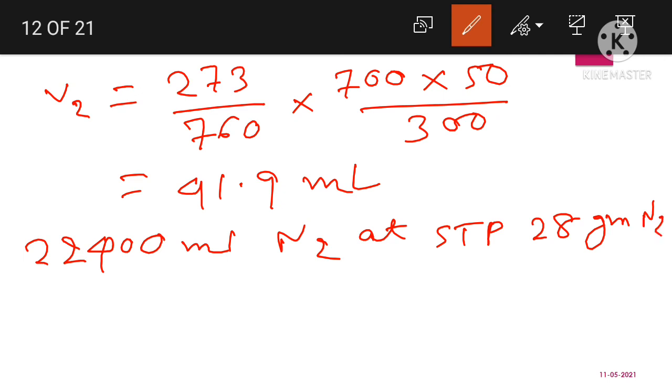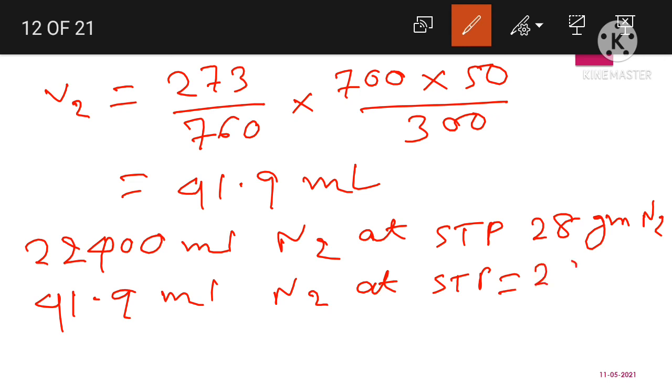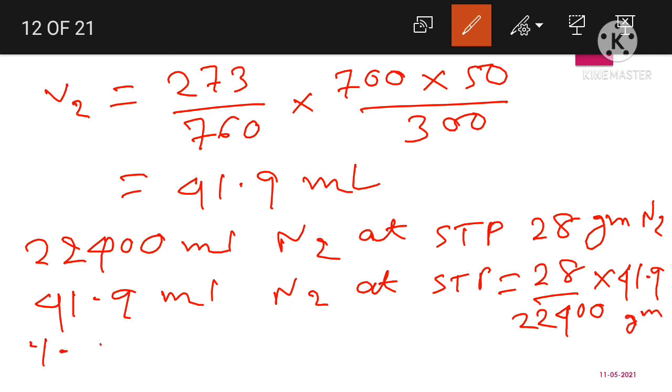By the unitary method, 41.9 ml of nitrogen at STP will be 28 divided by 22,400 into 41.9 gram of nitrogen.